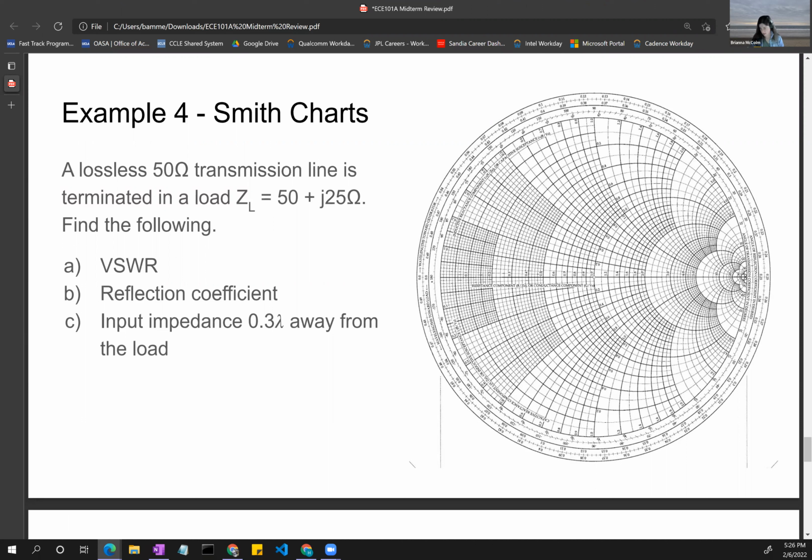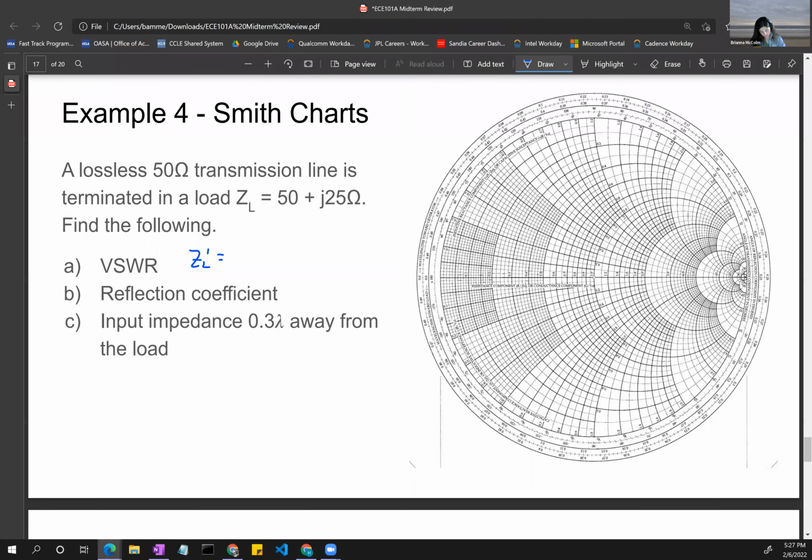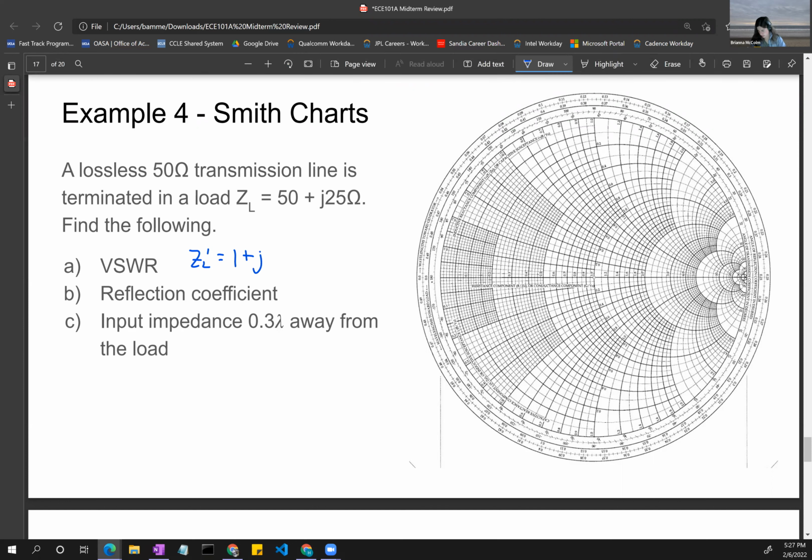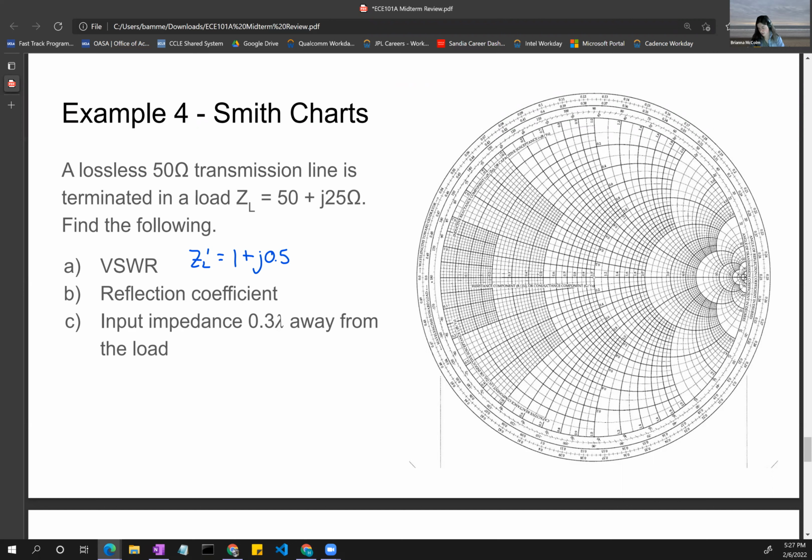First, for the voltage standing wave ratio, we look at the normalized impedance. That's going to be ZL prime, and that's ZL divided by the characteristic impedance, Z naught. That's going to be 1 plus j0.5. So we're going to look for those lines on the impedance chart. This circle here, this is 1. And then if we look at the 0.5 line, it intersects the 1 circle here.